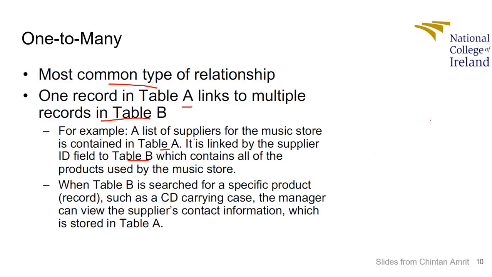So if you search table B, which contains all different kinds of products, we can also see who supplied those products, which we can find in table A, which contains the list of suppliers.